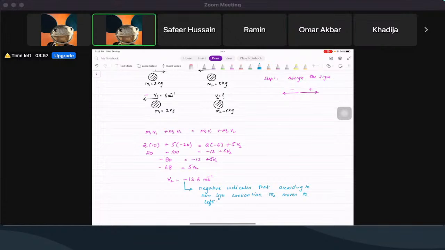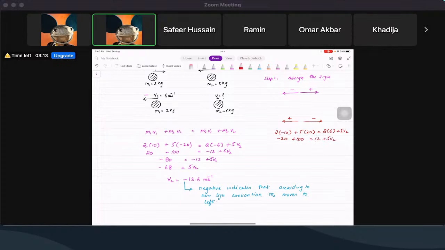You can also do it the other way around. It would not change anything. If you say we don't want this, we want negative on the right and positive on the left, show us if it changes anything. Then it would make 2 times negative 10 plus 5 times 20 and 2 times 6 and then 5 v2. So if you do that, it's going to be negative 20 plus 100 equals 12 plus 5 v2.